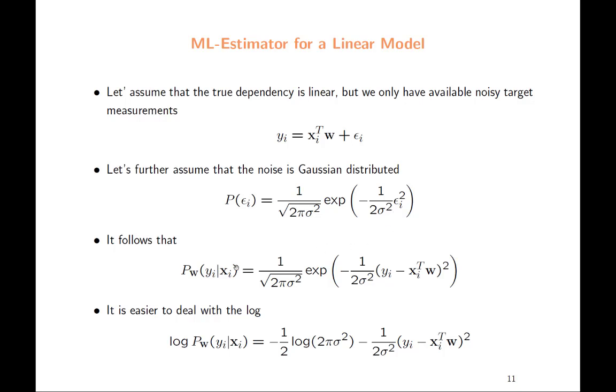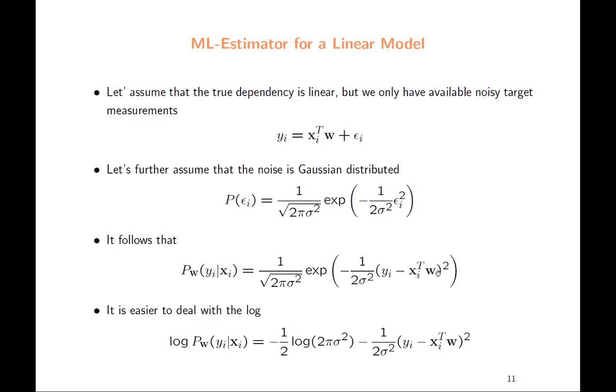Now we can write the probability of yi given x, where we just substitute epsilon i with yi minus xi transpose w. We see that over here, and this is now the probability of y given x, which has this very convenient Gaussian formulation.